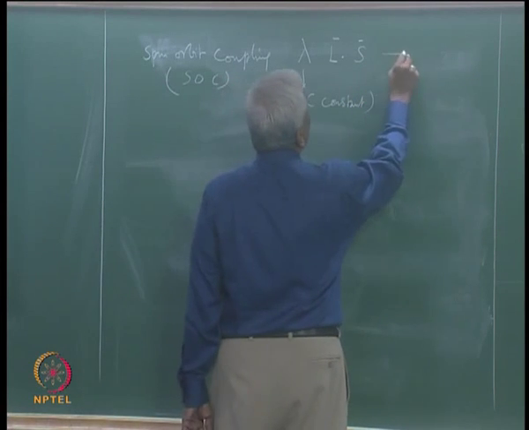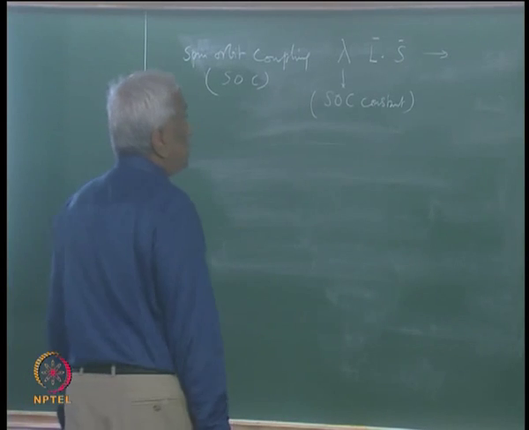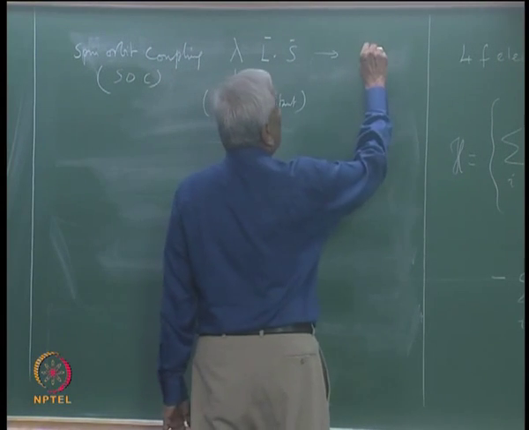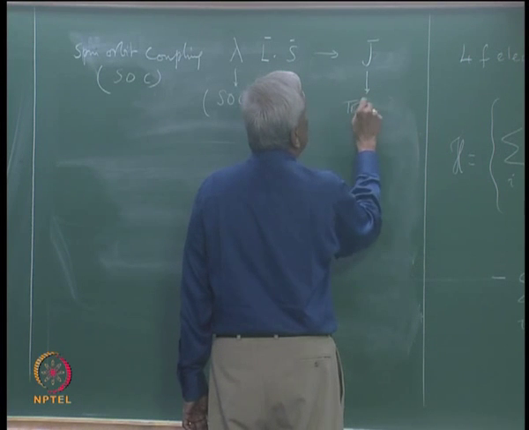And this produces a coupling between the orbital and spin angular momenta to produce a total angular momentum, which is usually represented by the symbol J.